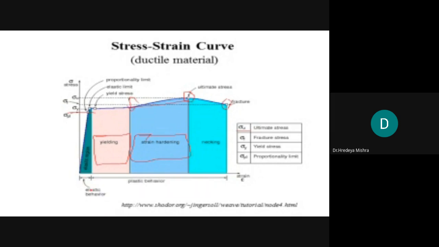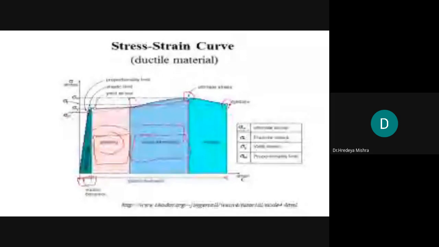See here, this zone is purely elastic behavior before yielding starts. This point is where yielding starts, and this zone is the combination of elastic and plastic deformation.